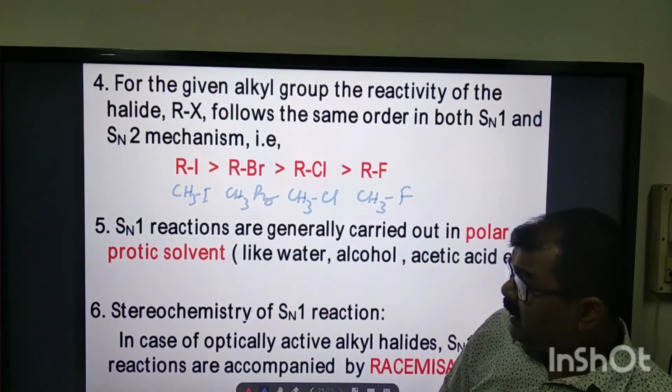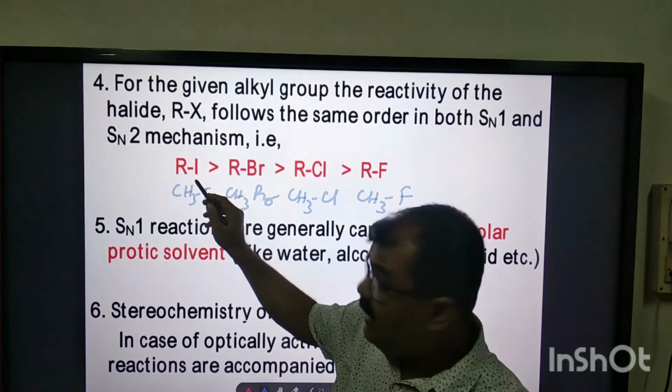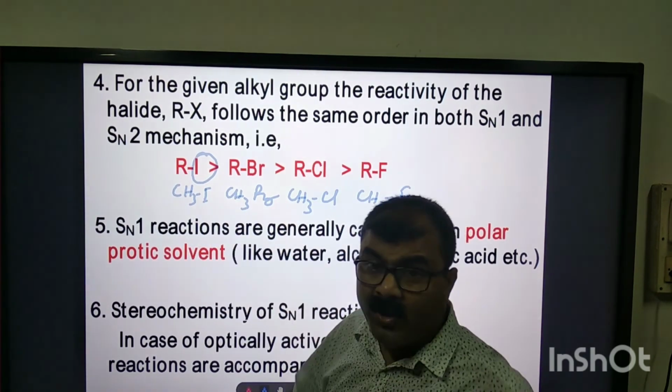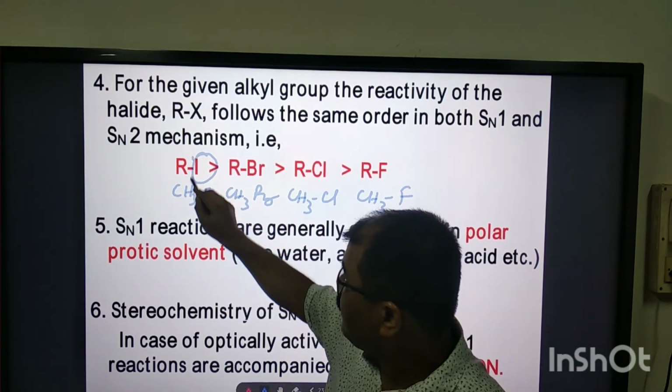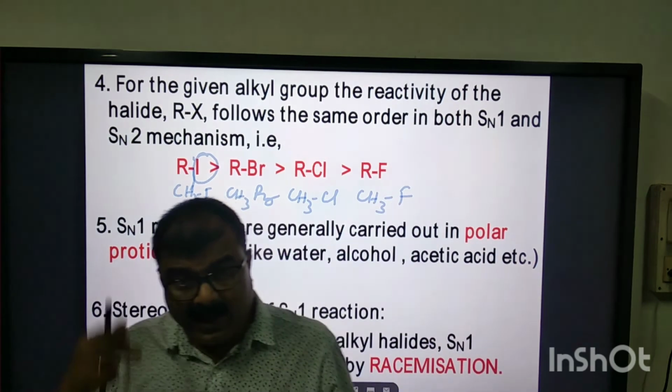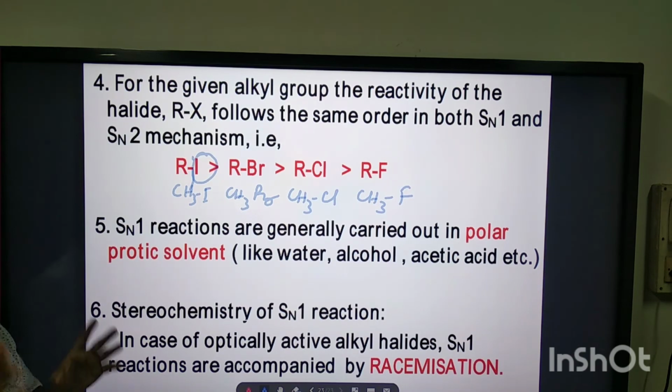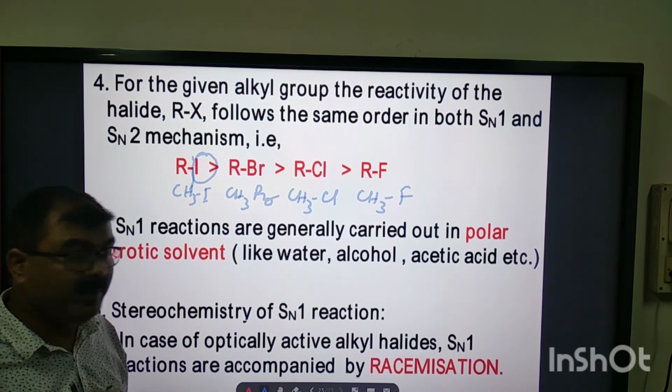What is the reason behind it? Because the size of iodine is maximum, its bond dissociation energy is low and the bond can be broken easily. So the leaving power of the iodide ion will be maximum. Clear? We already discussed this point in the SN2 mechanism.